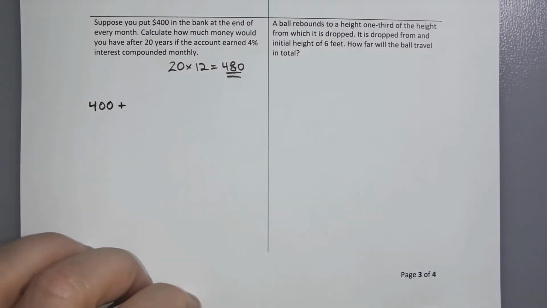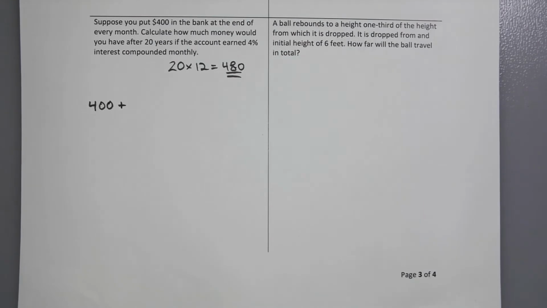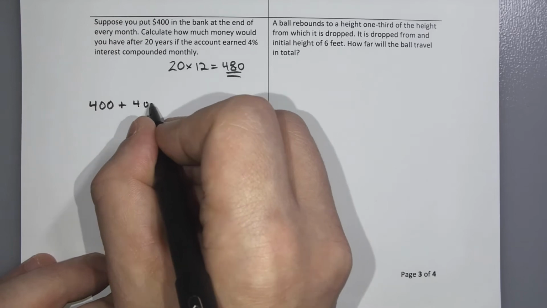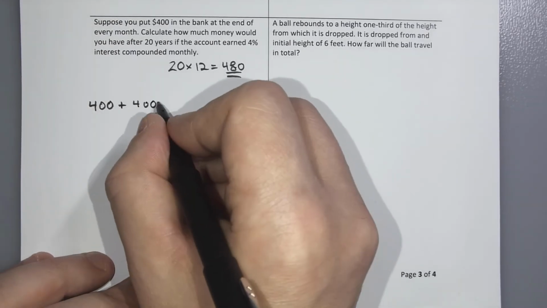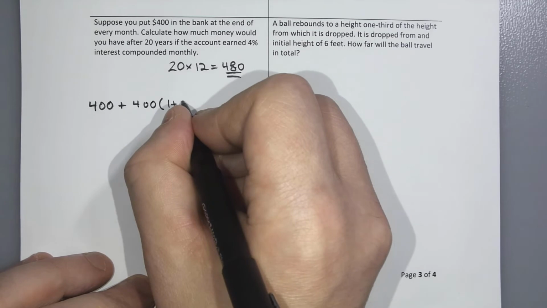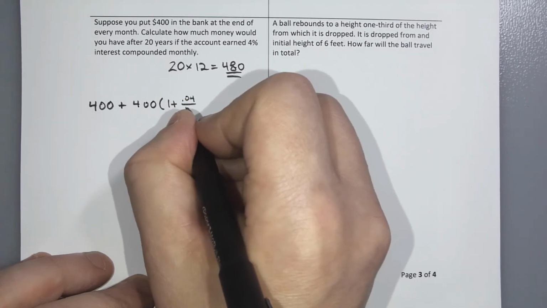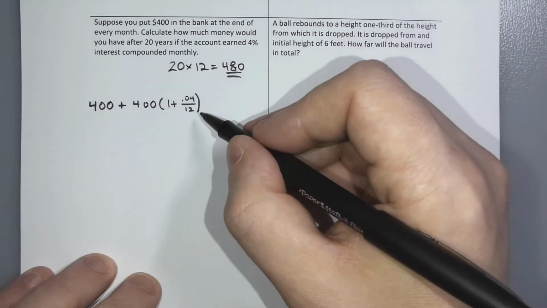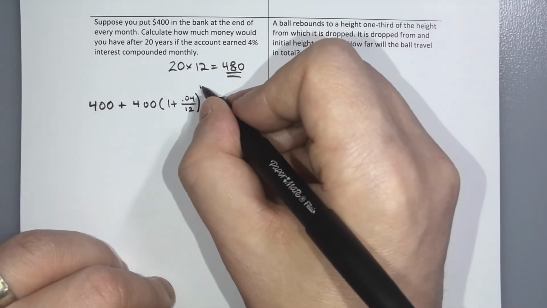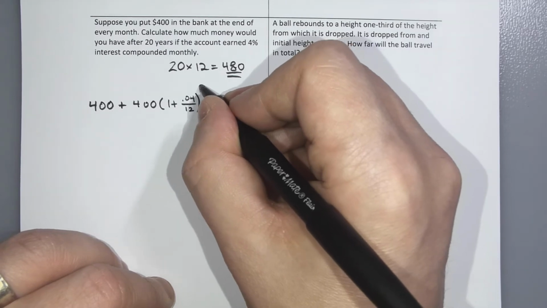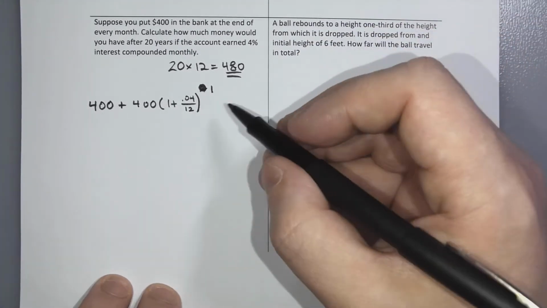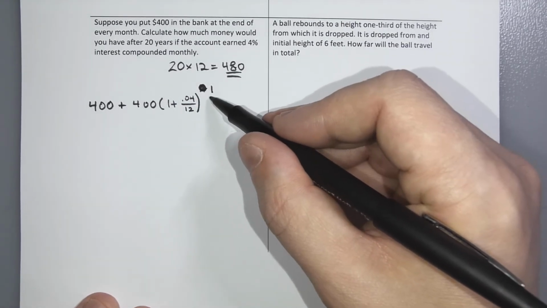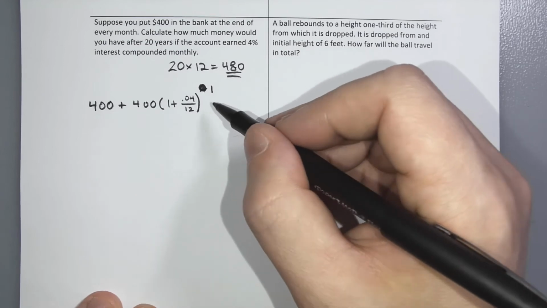That's 400. The installment before that would have received 1 month's worth of interest. So it's going to be a value of 400 times 1 plus that 0.04 interest rate divided by 12, because it's a monthly interest rate, to the power of 1, because we only get 1 month's worth of interest on that $400 deposit.